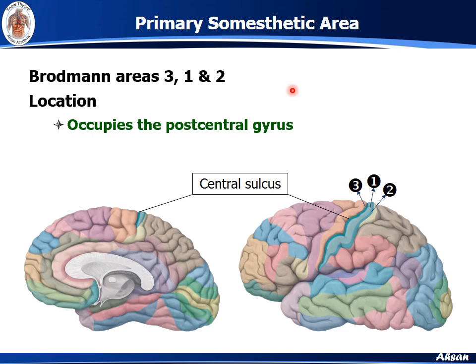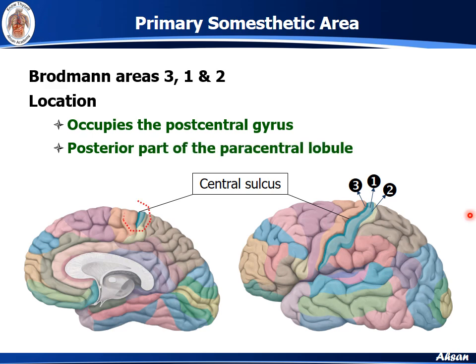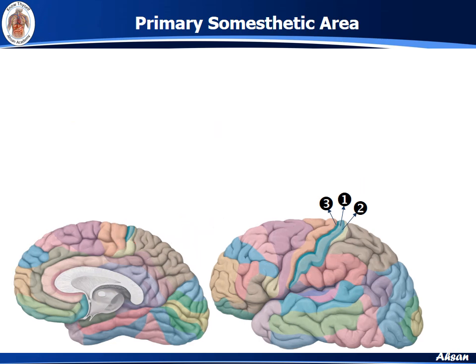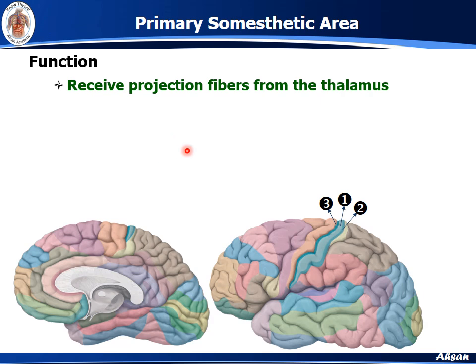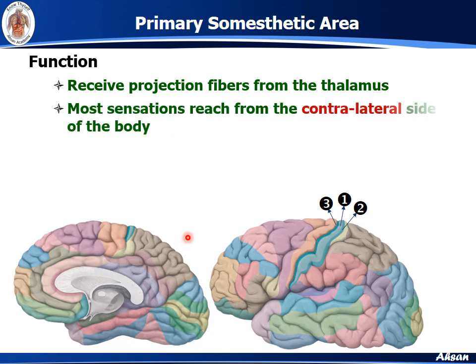This is occupying the postcentral gyrus except the lower part. It goes to the medial surface and occupies the paracentral lobule posterior to the central sulcus. The primary somesthetic area is responsible for receiving all sensory fibers from the thalamus, and it gets sensation from the opposite side.